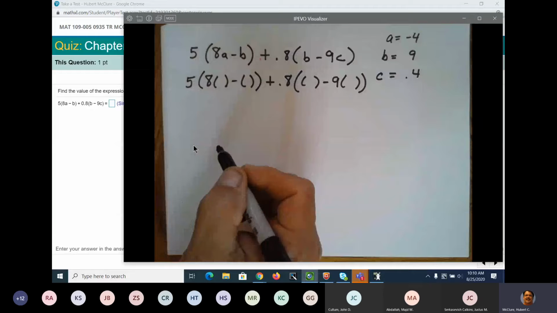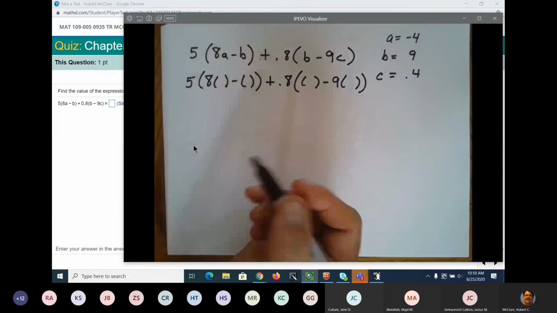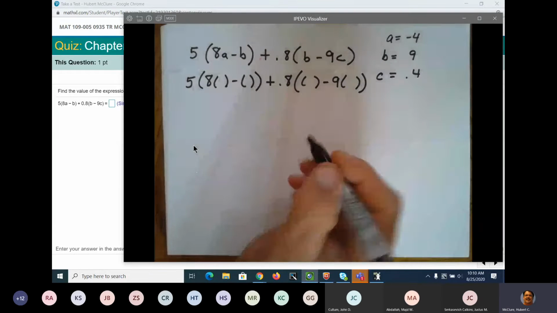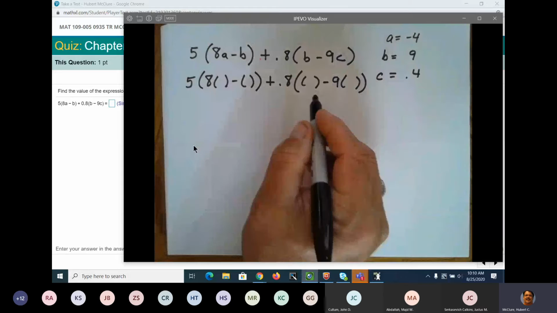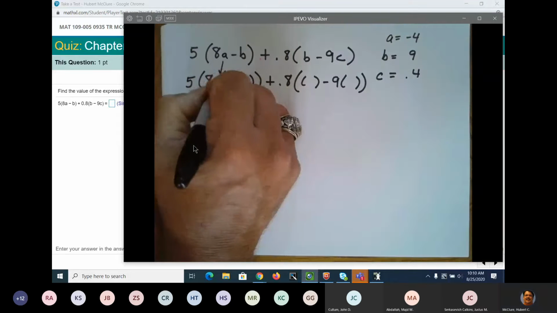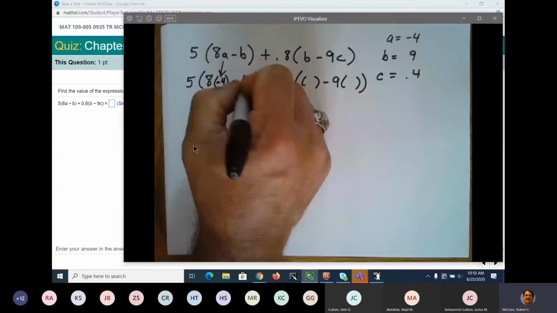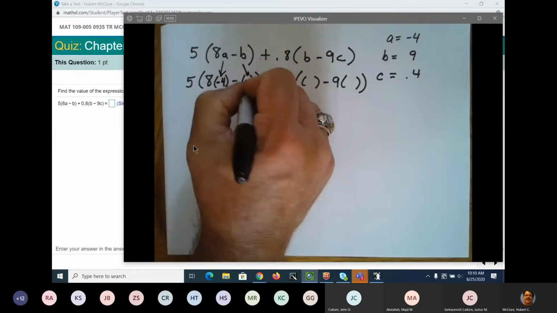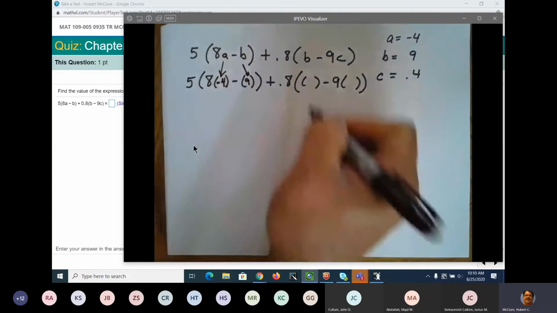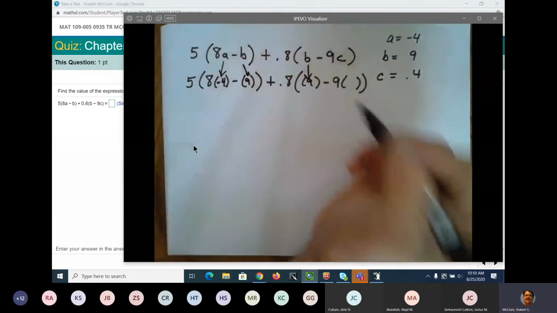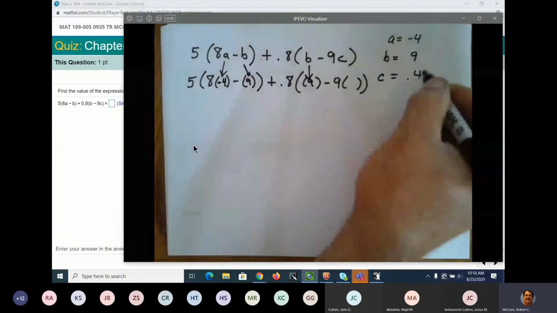Y'all don't use parentheses because y'all don't need them. I'm going to let that sink in for a minute. All right, so A is negative 4, B is 9, and C is 0.4.